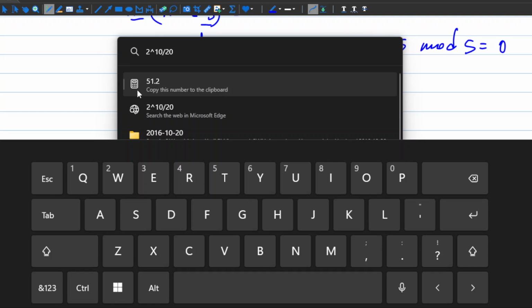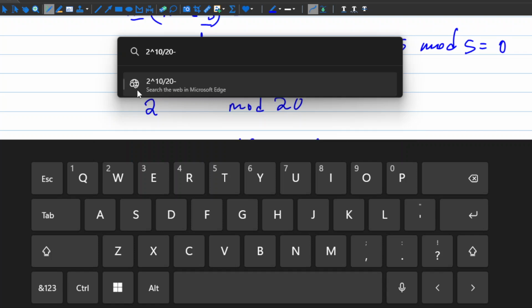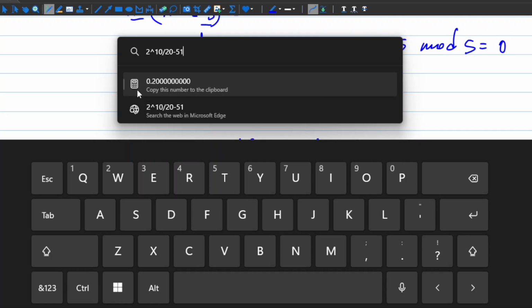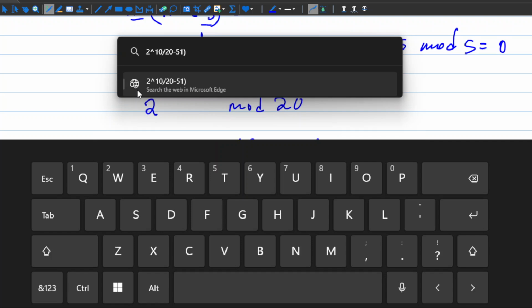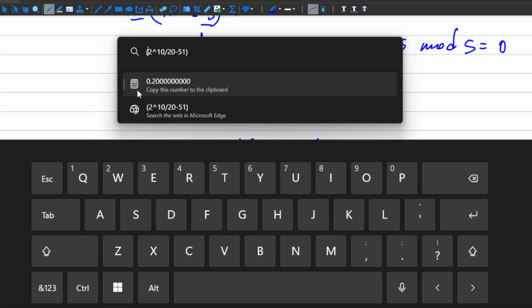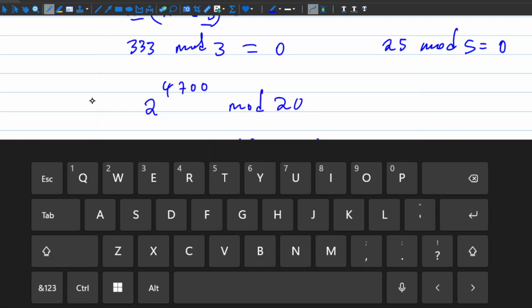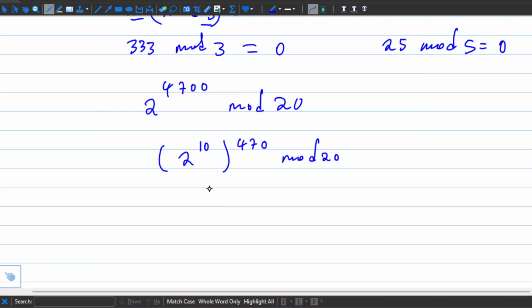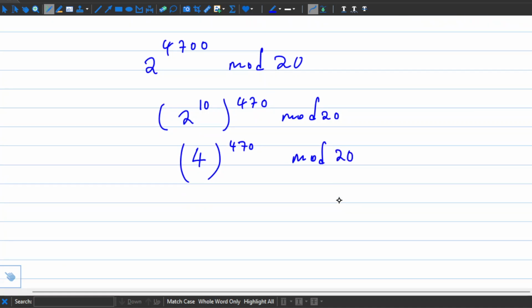So I'll say minus 51, minus 1 gives me that, then times 20. 2 to the power 10, 1 times 20, I get 4. So meaning that I've not gotten the final answer. What I've gotten here is 4 raised to the power 470 mod 20. Okay. I could further reduce this.